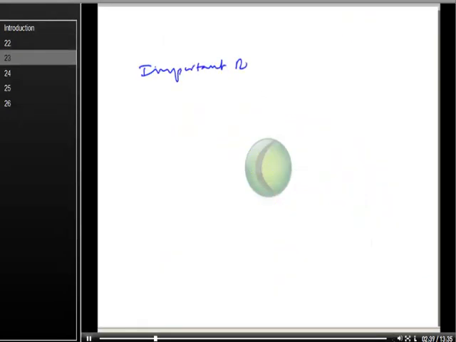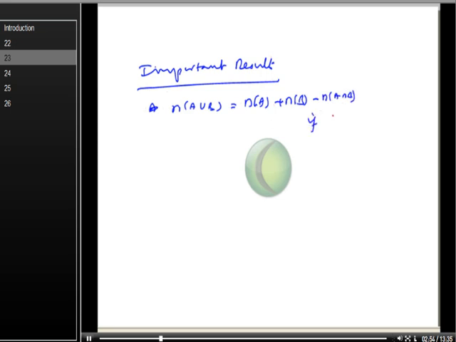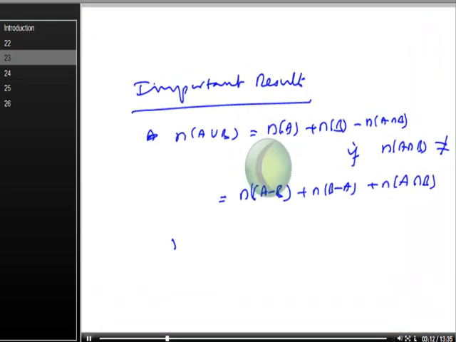Important results. N of A union B is equal to N of A plus N of B minus N of A intersection B, if N of A intersection B is not a null set. It can also be given as N of A minus B plus N of B minus A plus N of A intersection B. Also N of A union B is N of A plus N of B if the intersection is a null set.